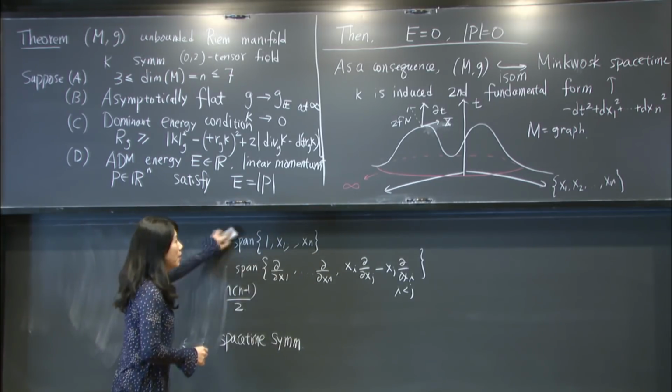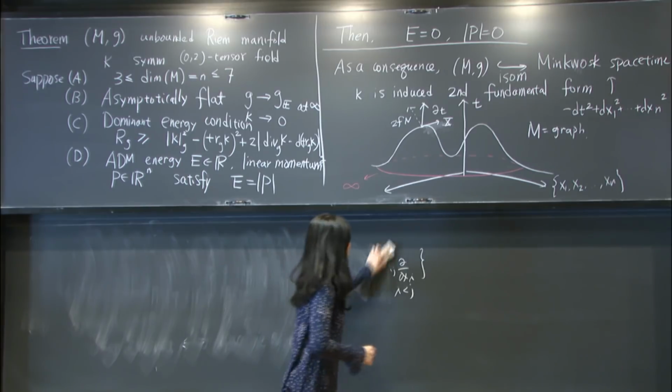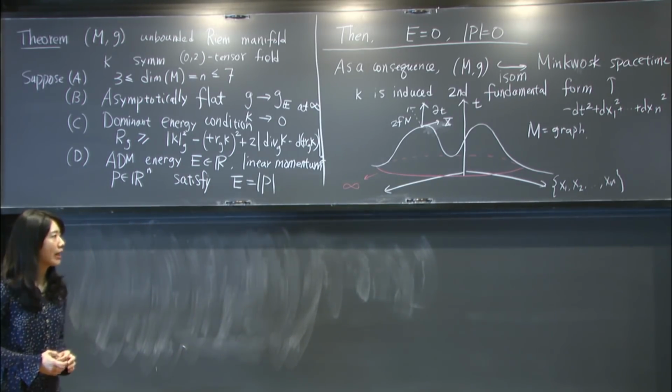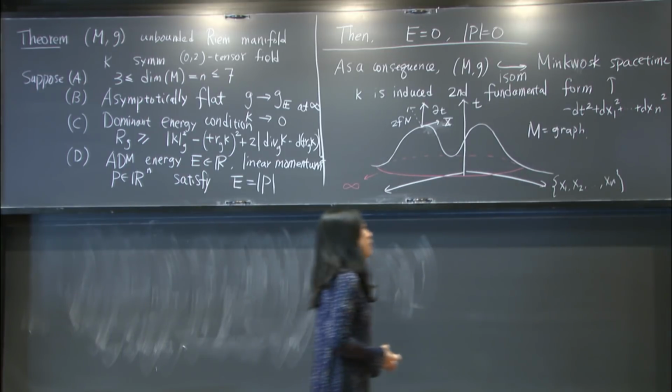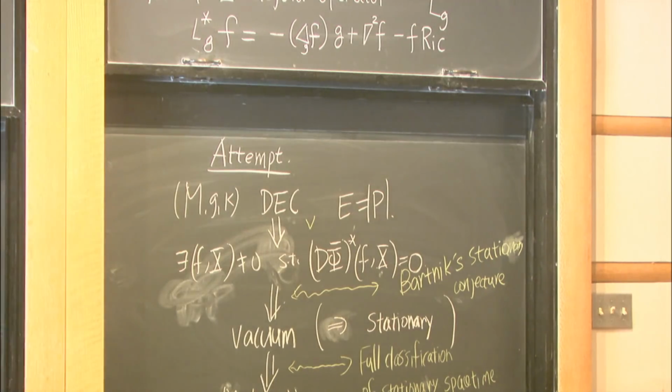But it does help because when we realize the relation to Bartnik's conjecture, we learn a proposal given by Bartnik, which is an idea of how to solve for a kernel element with prescribed asymptotics.